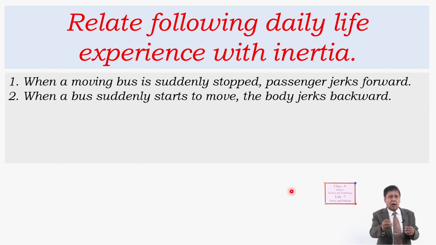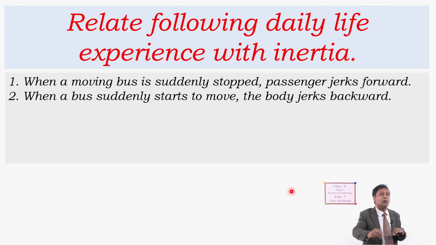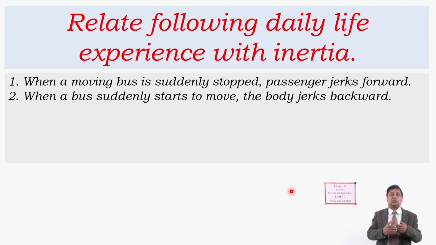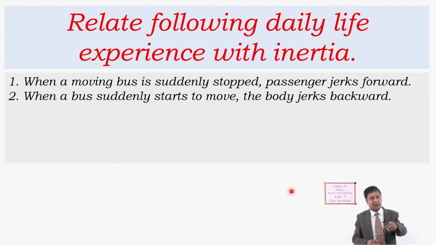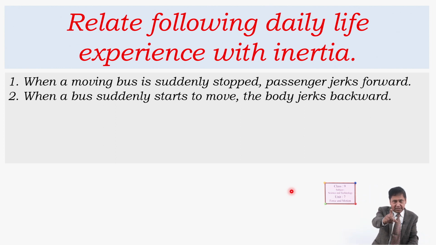But when the bus suddenly moves, the lower part of the body, which is in close contact with the bus, quickly attains the state of motion along with the bus, but the upper part, which is not in close contact with the bus, tends to continue the previous rest state, so it jerks backward. This is the answer to question number 2, or the relation of this question with inertia.